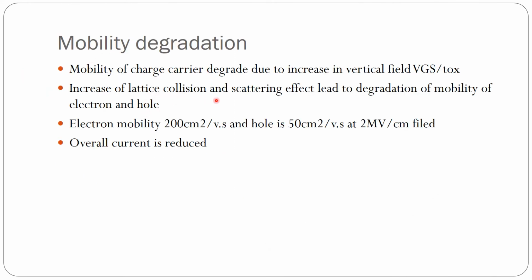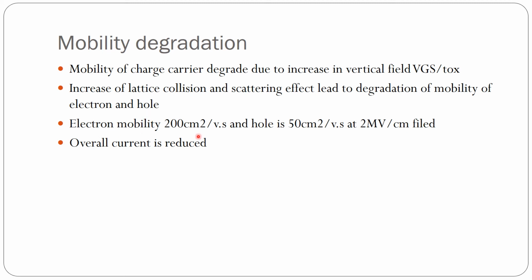The mobility of the charge carrier degrades due to the increase in the vertical field VGS by TOX, because TOX itself is scaled down. If you are operating at the same VGS, a higher electric field will be there for the smaller device. As a result, increased lattice collision and scattering lead to degradation of mobility of electrons and holes.